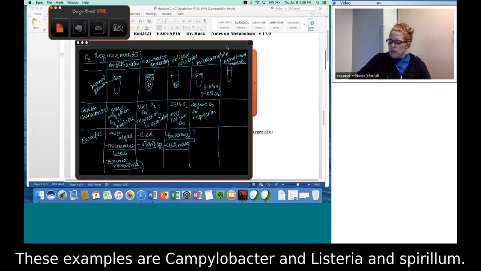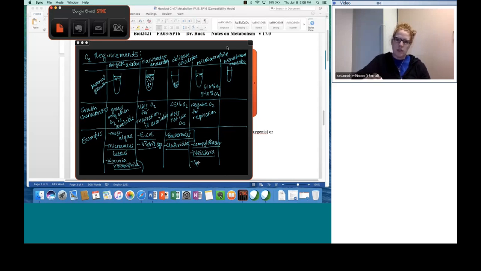And these examples are Campylobacter and Neisseria and Spirillum.